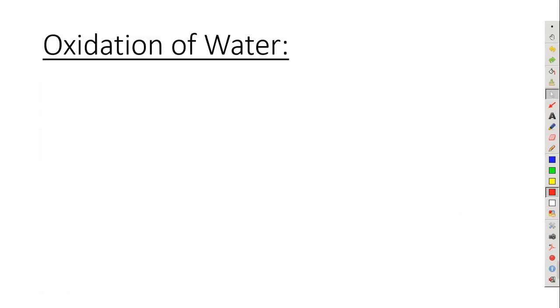Oxidation of water. What we've learned from Ruben and Kamen's experiment is that the atoms of oxygen in the oxygen gas come from water. So we're going to start off by writing down our two molecules.